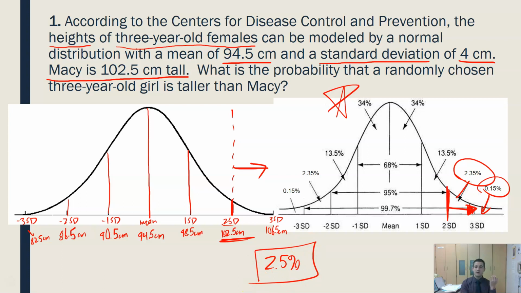So the probability of choosing a random 3-year-old girl that's taller than 102.5 centimeters is only 2.5%. It's not very likely that we're going to choose at random a 3-year-old out of this population and have her be taller than 102.5 centimeters, or farther away than 2 standard deviations from the mean.